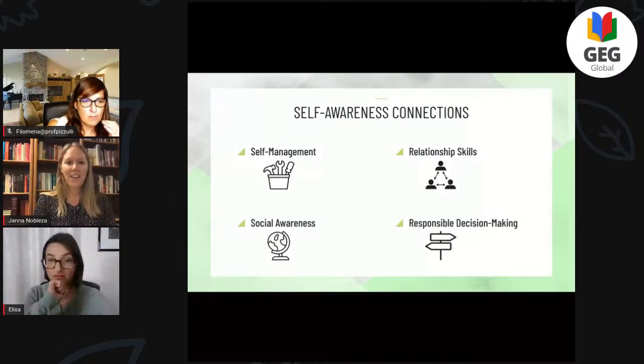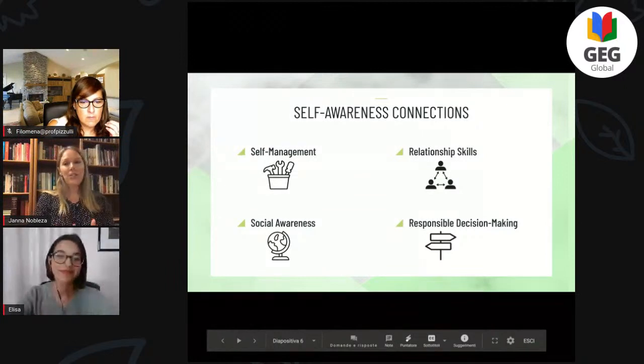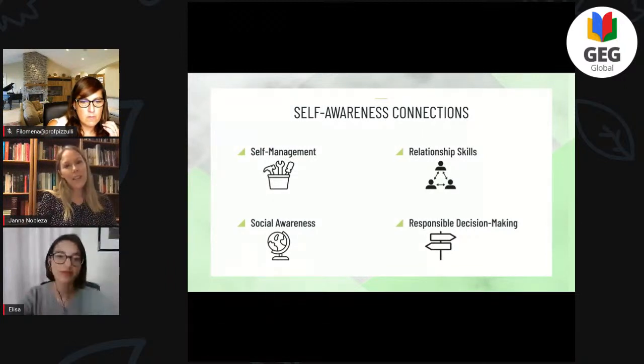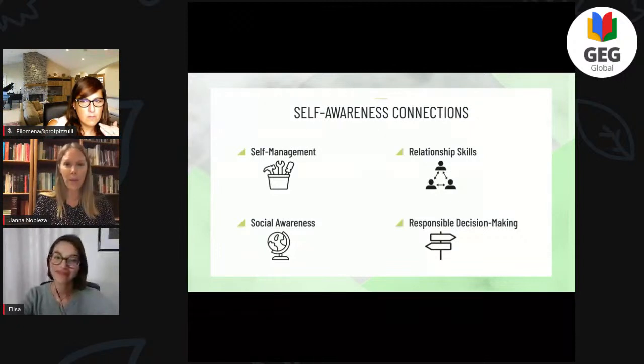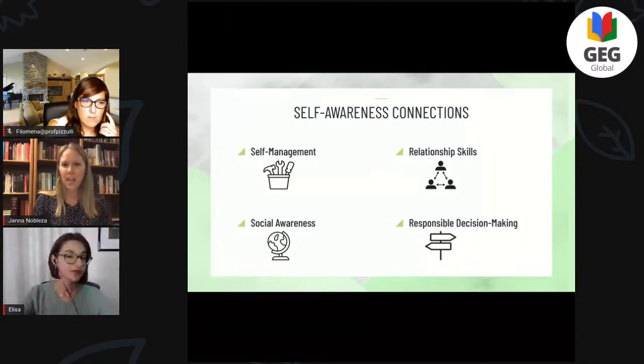And then finally, with responsible decision-making, again, if students cannot understand how they're feeling, they can't identify that there's a problem, and then they can't solve that problem. So self-awareness is really the basis of all social and emotional development.